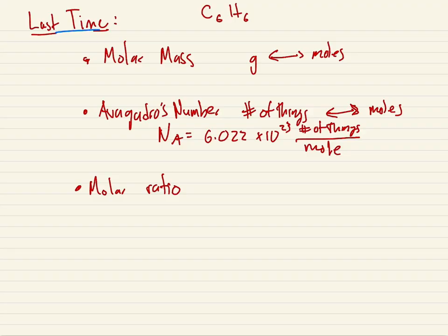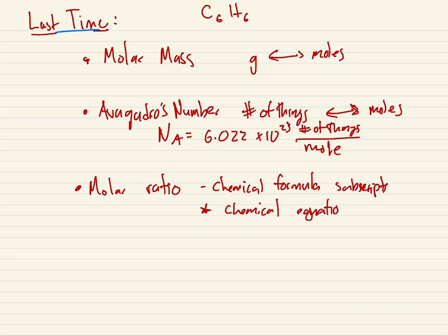Yeah, we get it from the chemical formula, right? That's where we get this from, and from the subscripts specifically. And we'll also get it from chemical equations as well. And that's what we'll get into today.